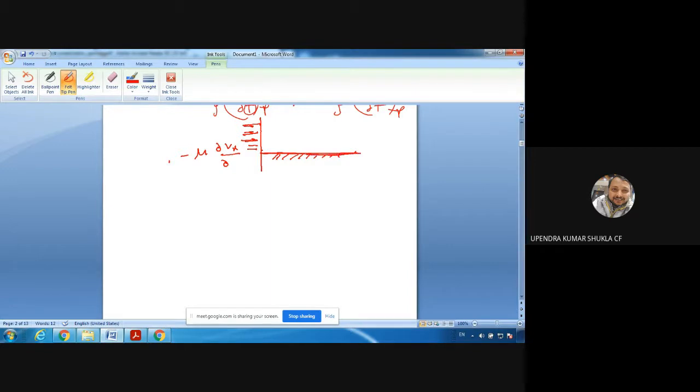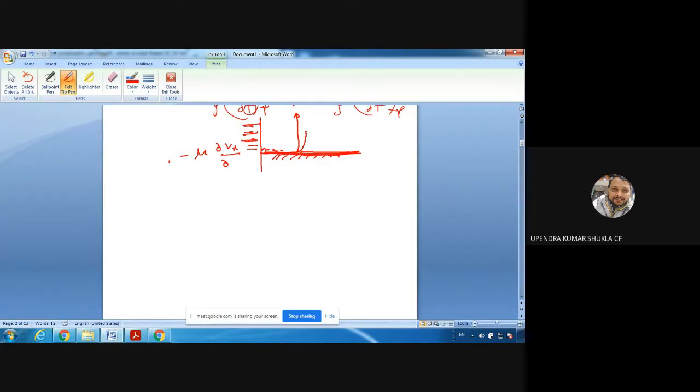So, due to the no slip boundary condition, whatever air molecules come into contact with this stationary surface will become stationary. So here the velocity of the air molecule will be 0, and after that you will find it will increase in this direction, because at the wall the shear stress would be highest.